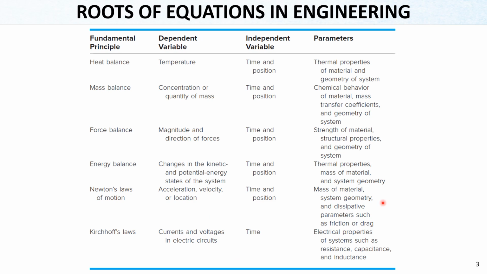For these as well, we need the mass of material, system geometry, dissipative parameters such as friction and drag coefficients, etc. And for Kirchhoff's laws, currents and voltages in electric circuits, maybe this is not related to mechanical engineering too much, but this is still in the engineering area, so we can still have some equations based on these variables. For all of these, we simply need to solve some equations to find the roots. And if it is not possible, we need to use numerical methods.